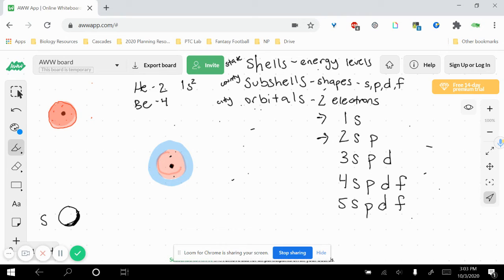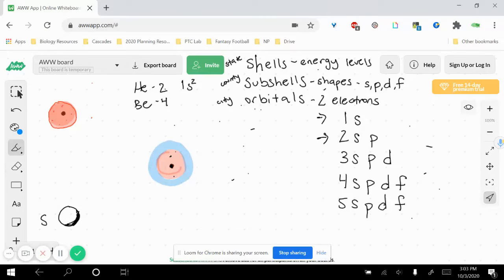And electrons, we know, are negatively charged, and they're attracted to the positive charge inside the nucleus. So electrons want to be close to that nucleus, the same way that gravity wants objects to be down on the Earth's surface. So in the same way that the potential energy for an object is higher as you lift it off the ground, the potential energy for an electron is higher as you move it further and further away from the nucleus.